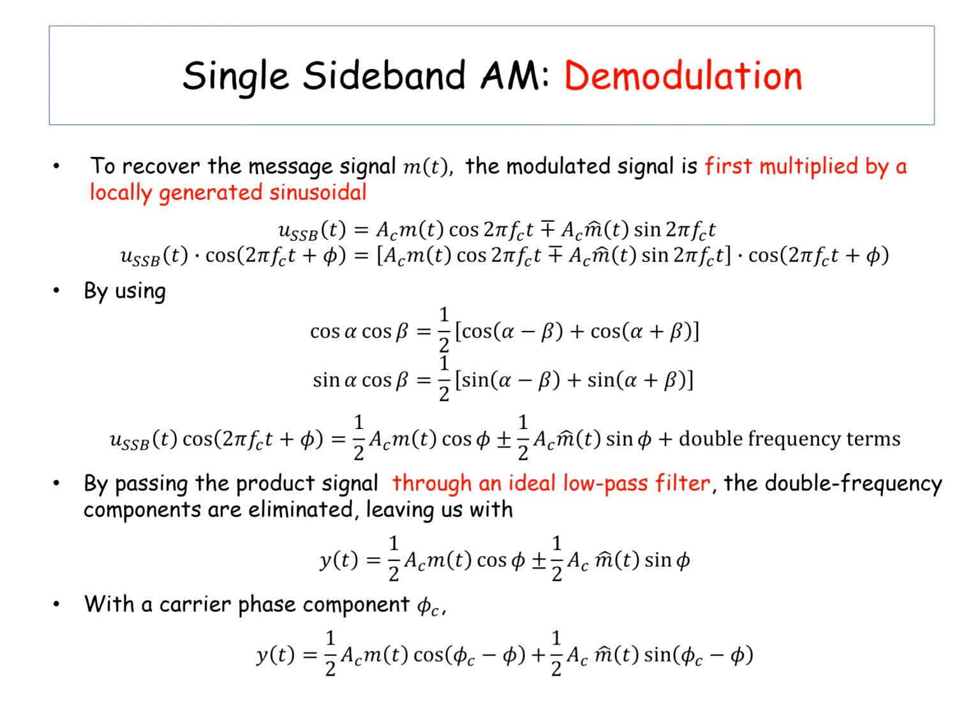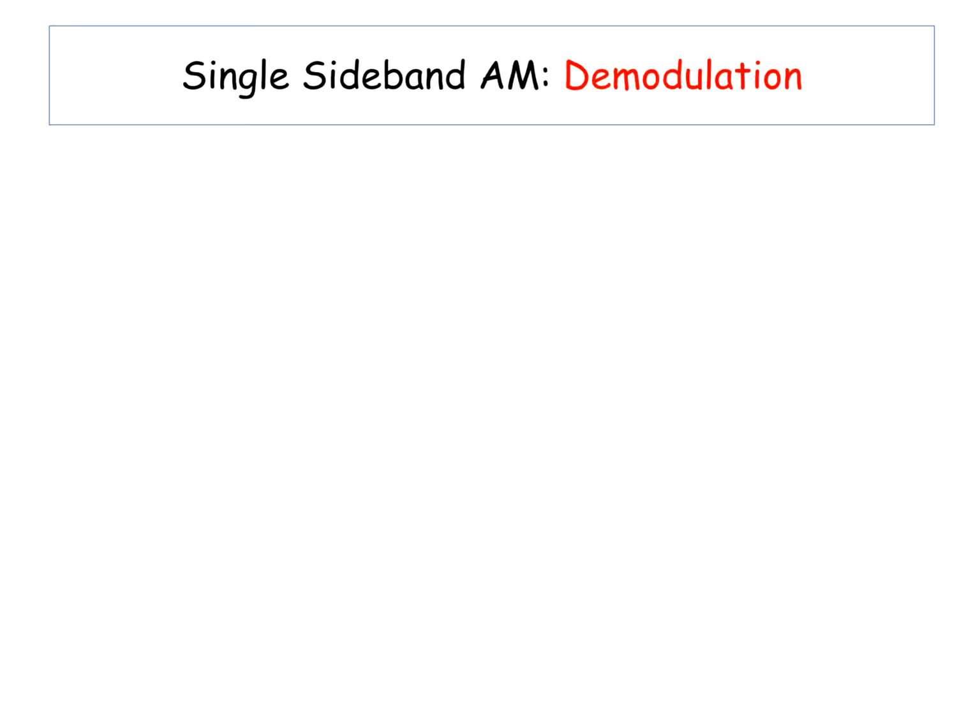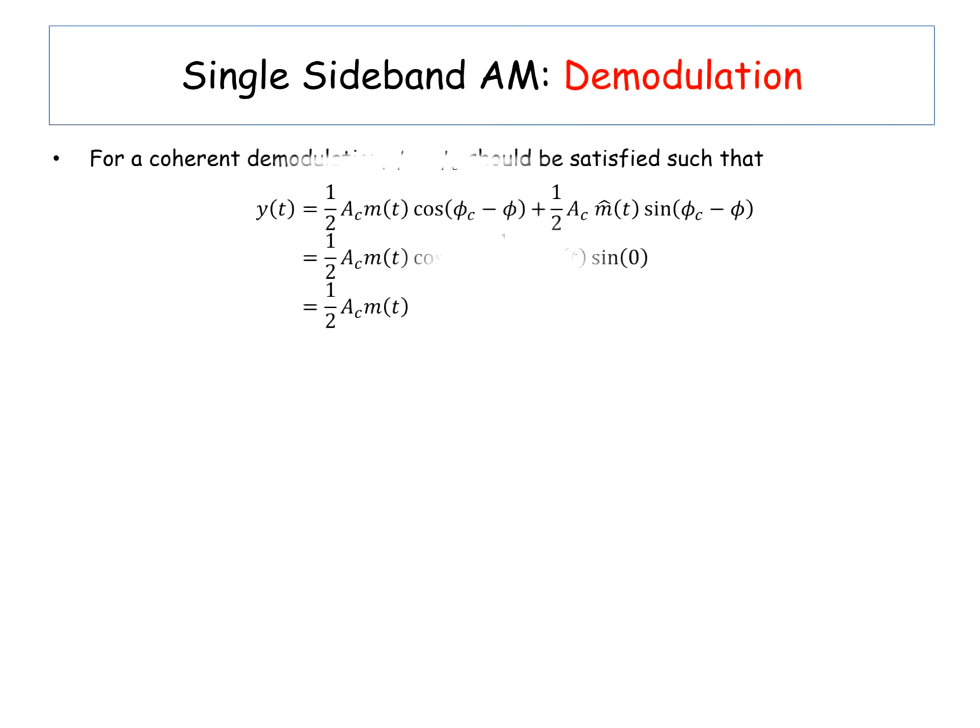As you realize, for a successful demodulation, a phase coherence is required. For a coherent demodulation, the two phase terms, namely phi and the carrier phase phi c, should be equal, such that this allows a successful recovery of the message signal. This can be achieved by adding a carrier term into the transmitted signal.